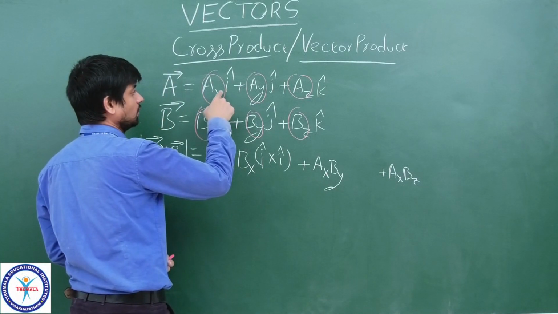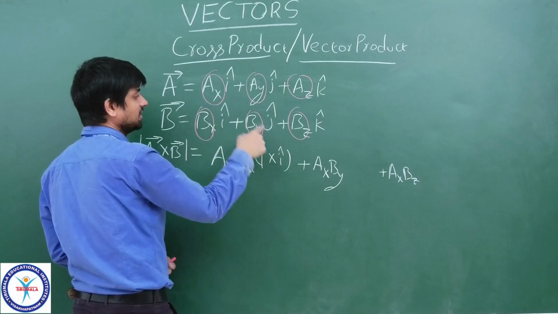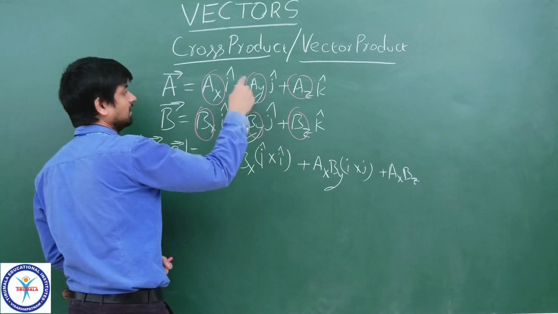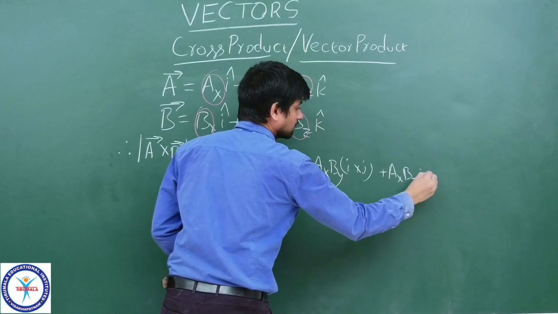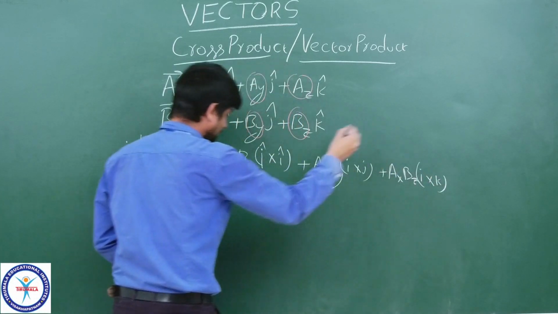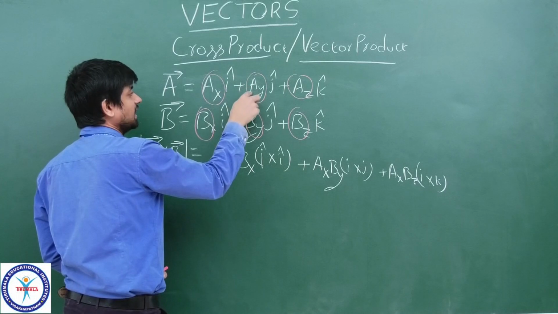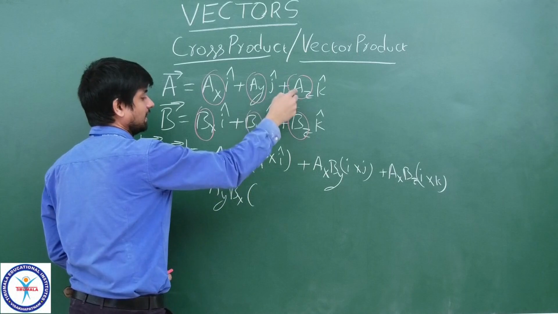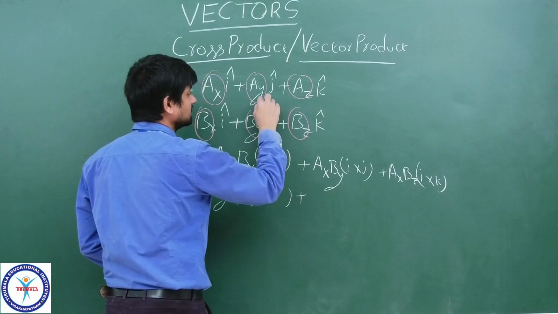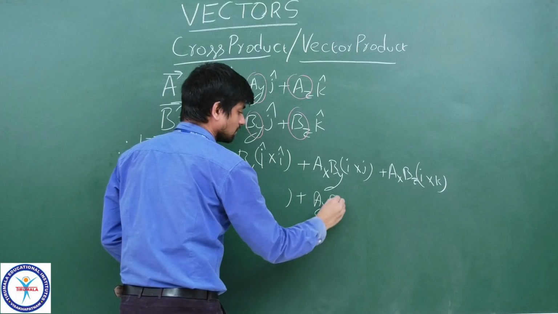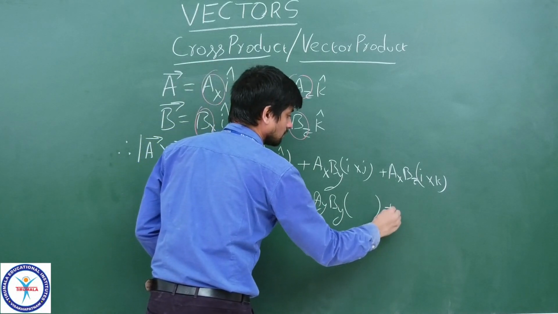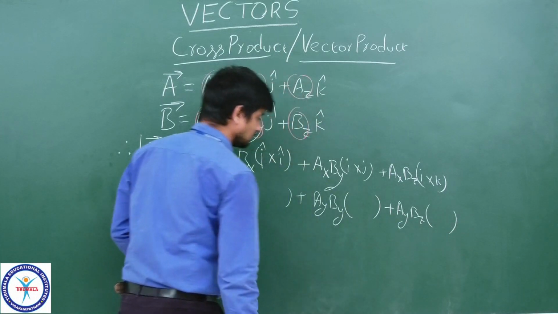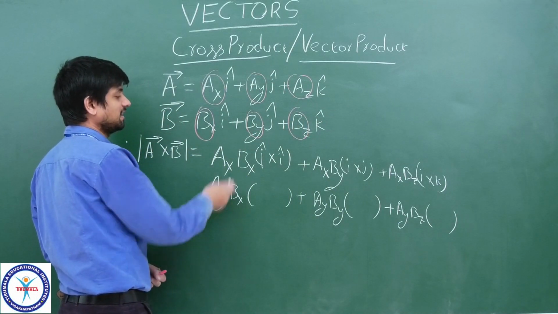So i into i, i into j, here i into k. In the same way, write the other terms, children. Ay into Bx, and Ay into By, and Ay into Bz.